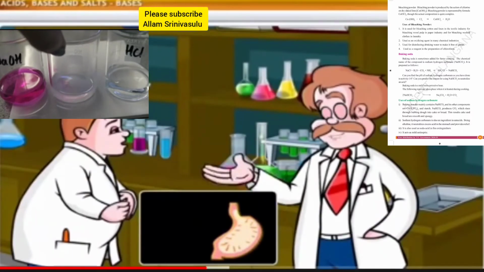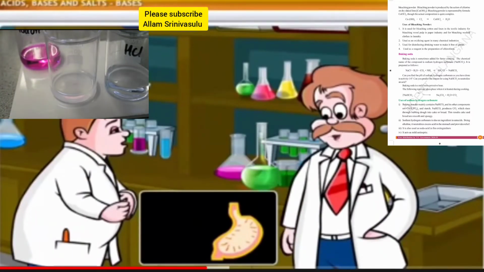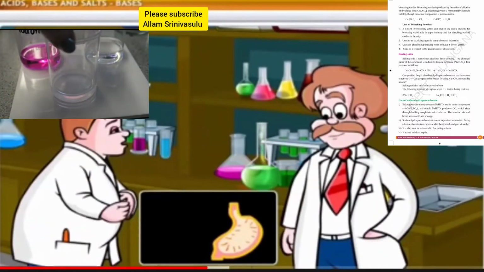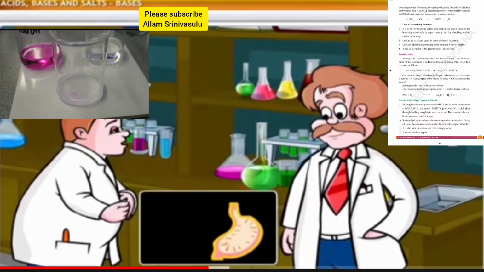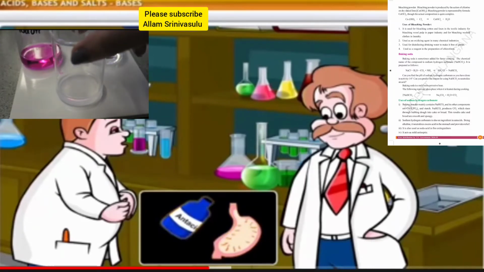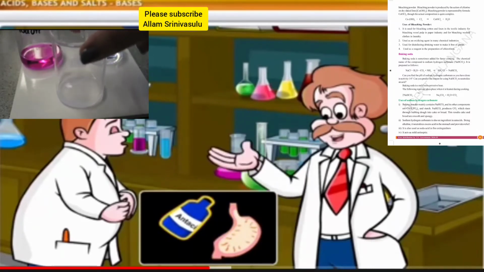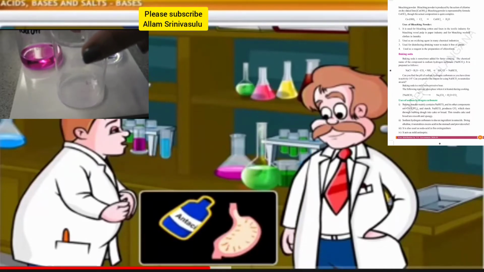The stomach is already acidic, so the base reacts with the acid and neutralizes it, relieving your stomach and controlling the irritation.